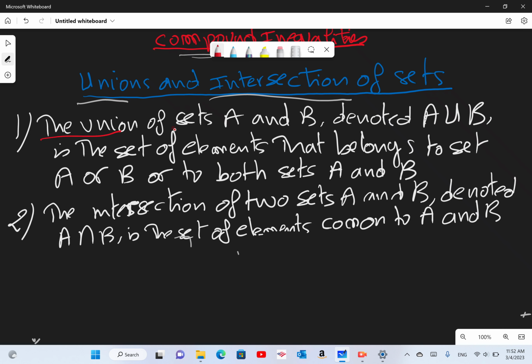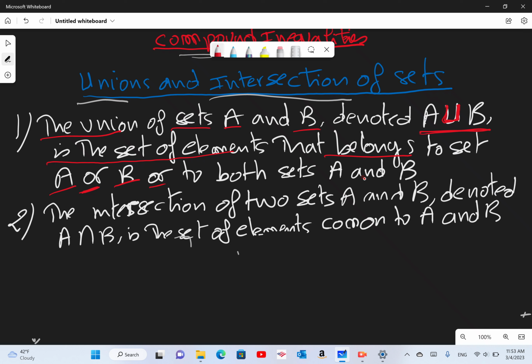The union of a set A and B, denoted A union B, is the set of elements that belong to set A or B, or to both the sets A and B. The key here is the word or.